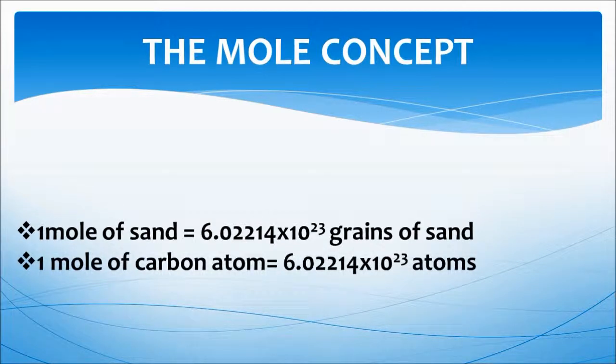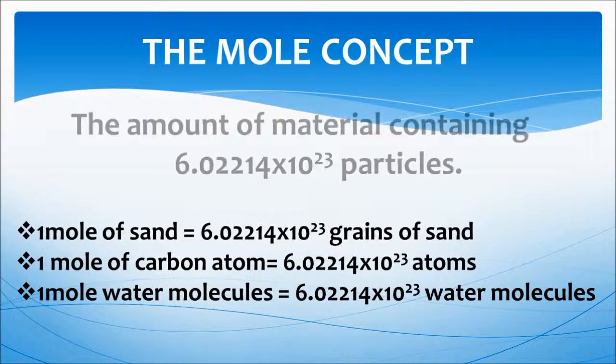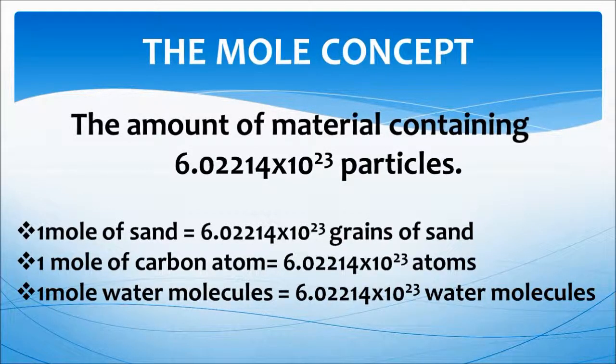So 1 mole of sand will have 6.022 times 10 to the 23 grains of sand. A mole of carbon atoms will have 6.022 times 10 to the 23 atoms, and a mole of water molecules will have 6.022 times 10 to the 23 water molecules.